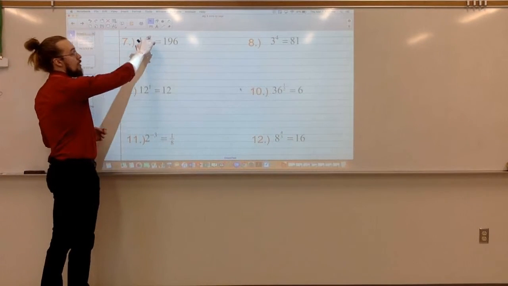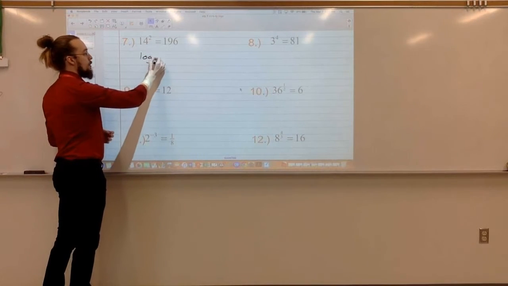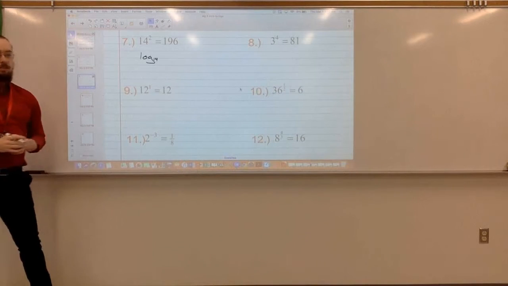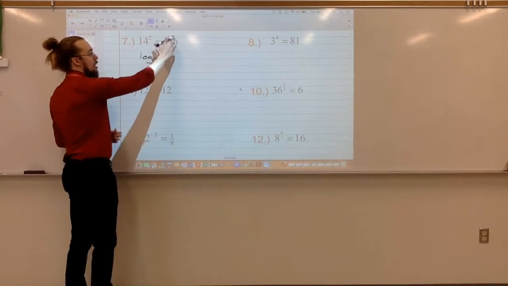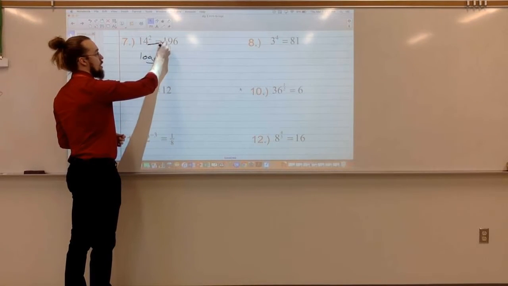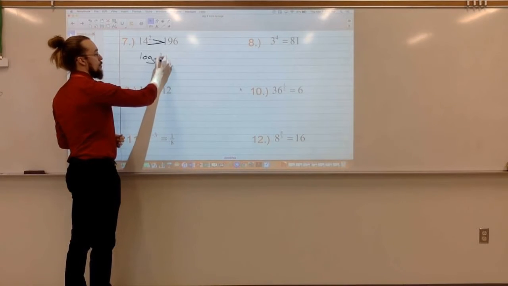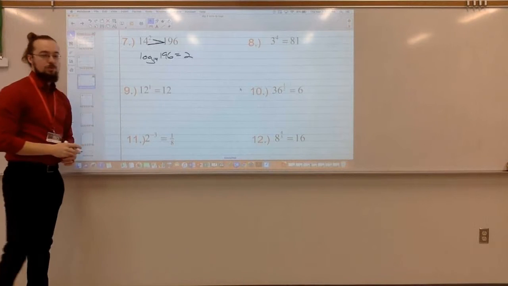The base of the exponential is going to become the base of the log. So I'm going to say log base 14 of 196. If we're doing a lazy 7, it's going to look like this: log base 14 of 196 equals 2.